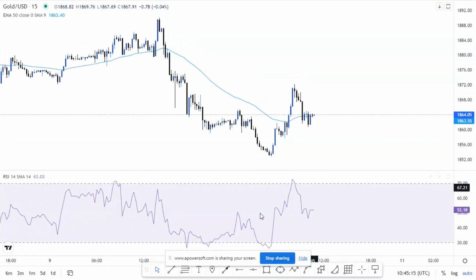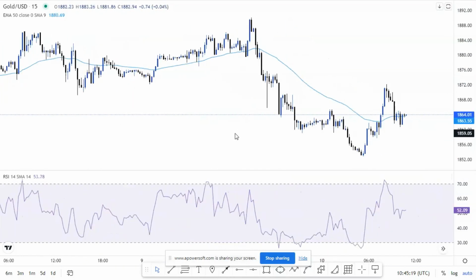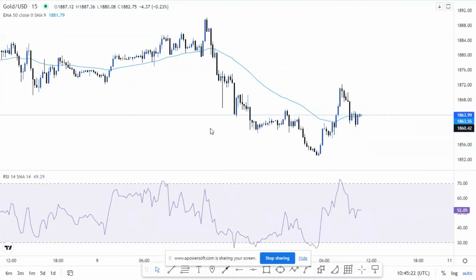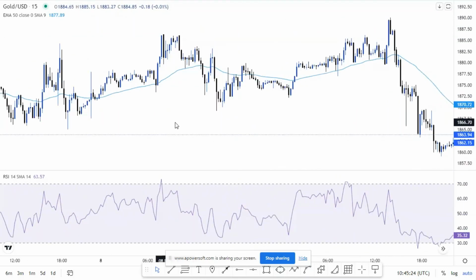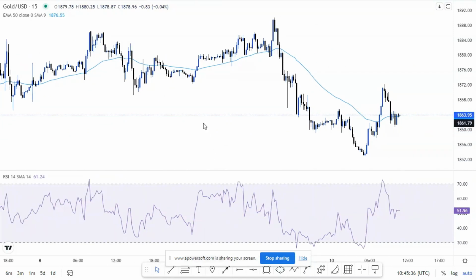Let me remove the stochastic and leave the RSI. In the oscillators, I would much prefer the RSI. I think I'll be talking about the RSI in the next episode. If you have a question, you can ask me to address some of the things here.